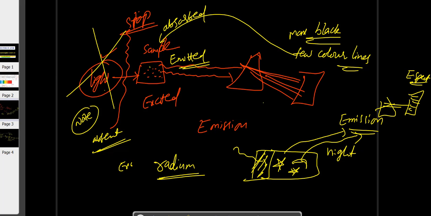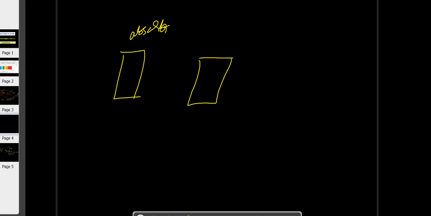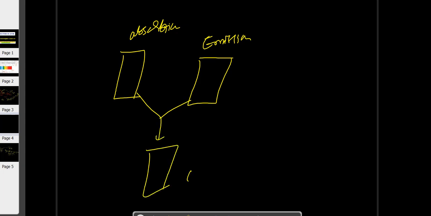Suppose you combine the absorption spectrum and the emission spectrum; you will get a completely continuous spectrum. All the Vibgyor colors will be there.